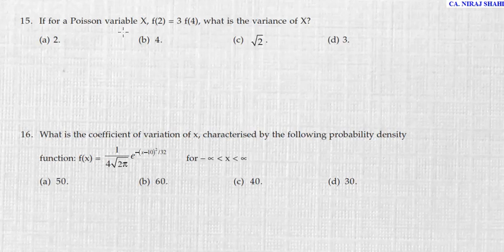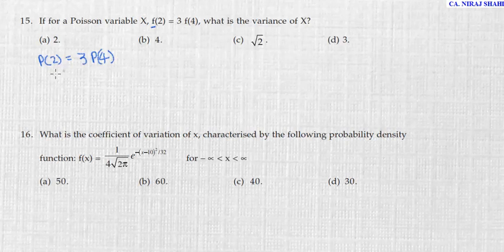If for a Poisson variable x, f2 is equal to 3 into f4, what is the variance of x? So here P2 is equal to 3 into P4. Now it doesn't make any difference if I write f or if I write p. I just want to show the probability, and that's why I'm using the letter p here.